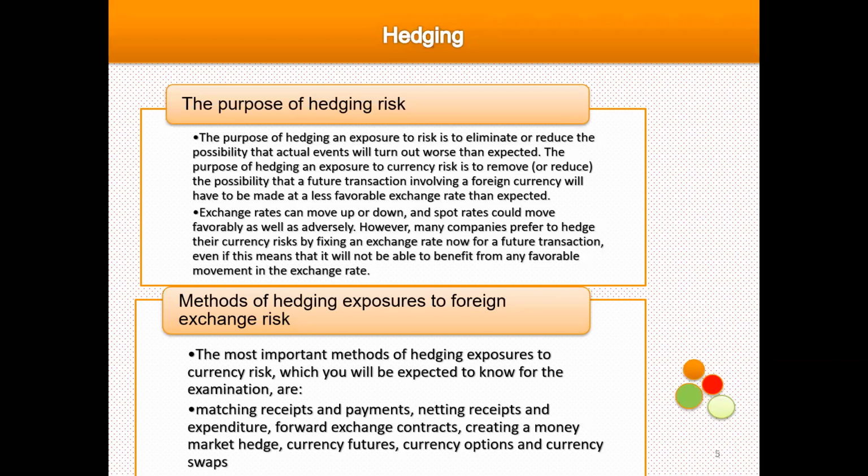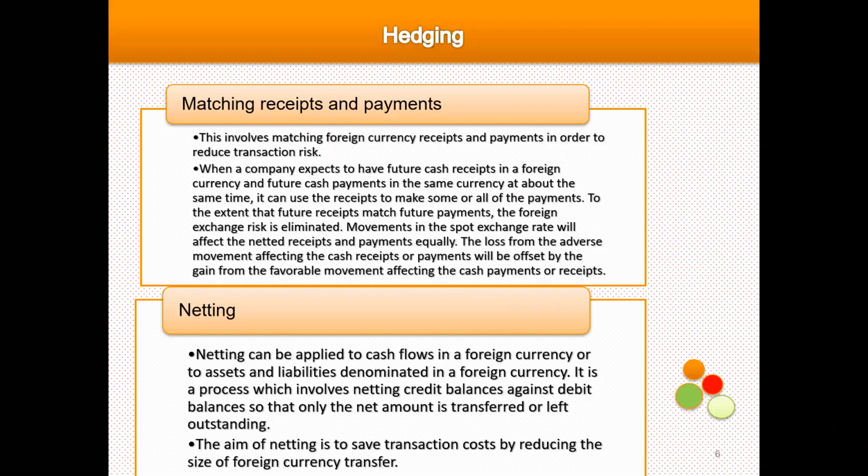So the most important methods of hedging exposures to currency risk, which you will be expected to know for the examination, are matching receipts and payments, netting receipts and expenditure, forward exchange rates, creating a money market hedge, currency futures, currency options, and currency swaps. So we'll be talking about these one by one because they are important. These are strategies.